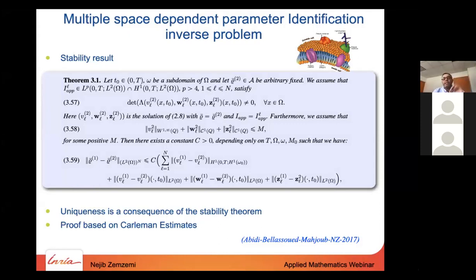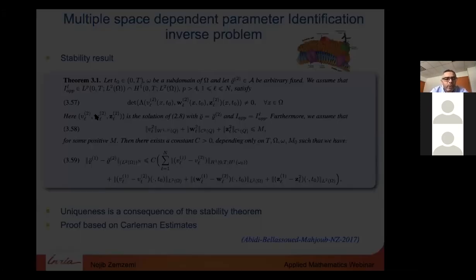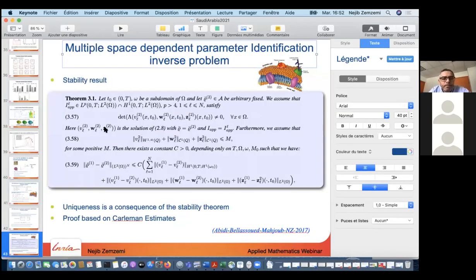So under a certain regularity, which of course we obtain with the high regularity of the initial condition, we only need to raise the regularity of the initial condition to obtain this C1 regularity in Q. We can find, if we have an observation on a small domain of the heart, what you see here, W0, is a small subdomain of the heart.